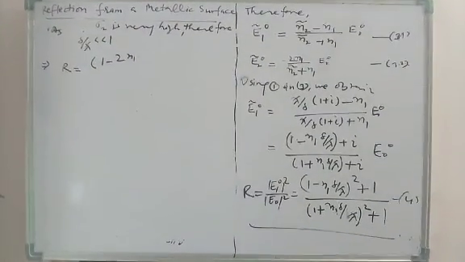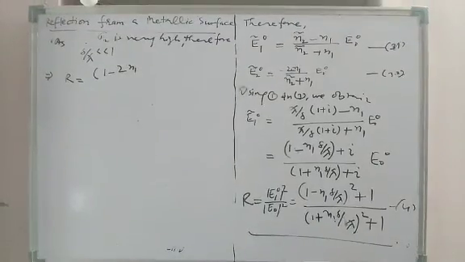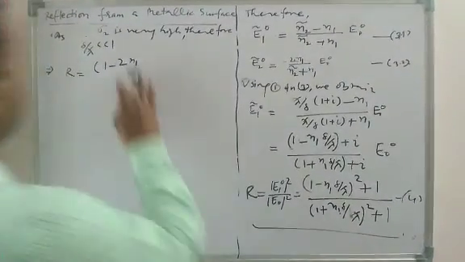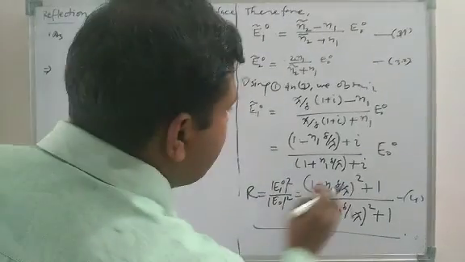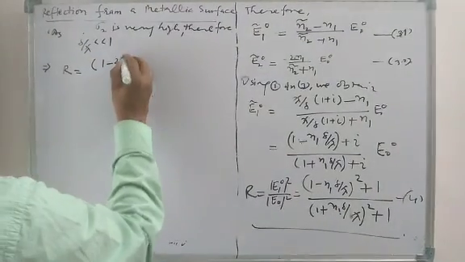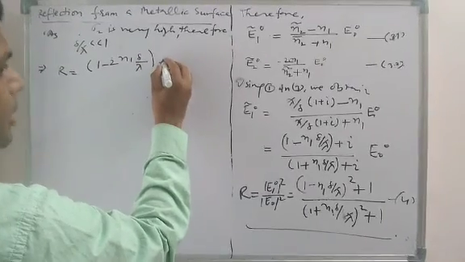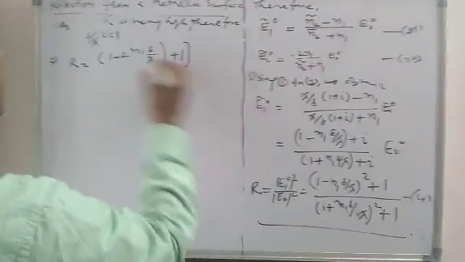So that's going to get us 1 minus delta by lambda n1, 1 minus 2 n1 delta by lambda plus 1.